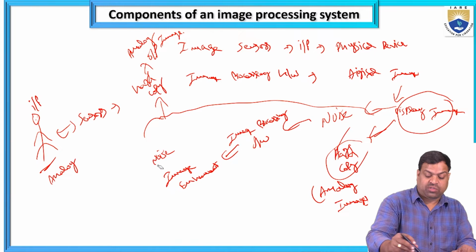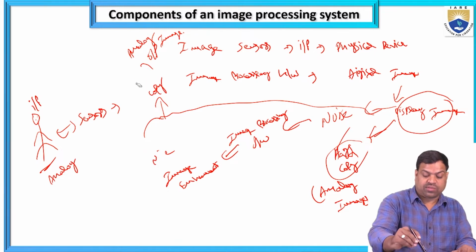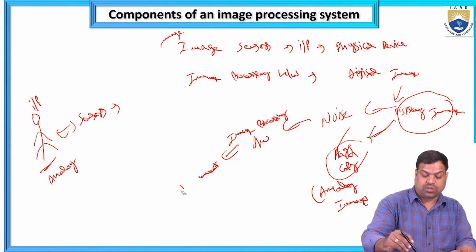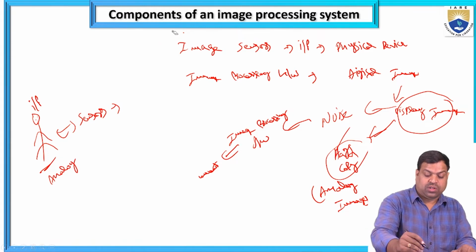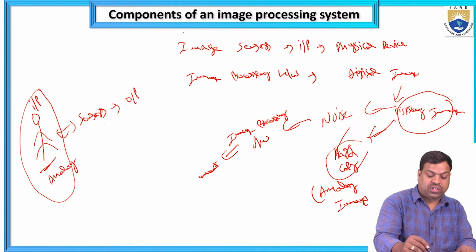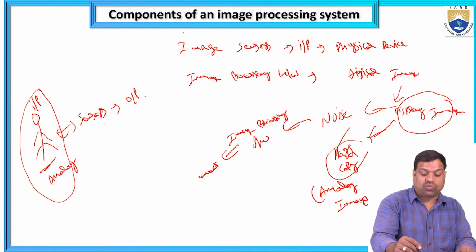The sensor captures this person. So what is the output? This output is a digital image.